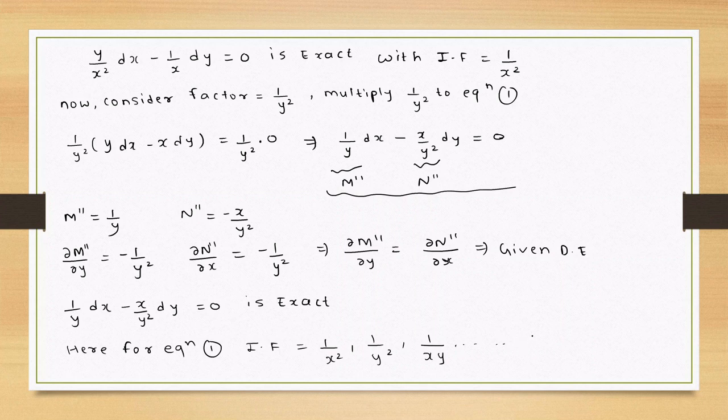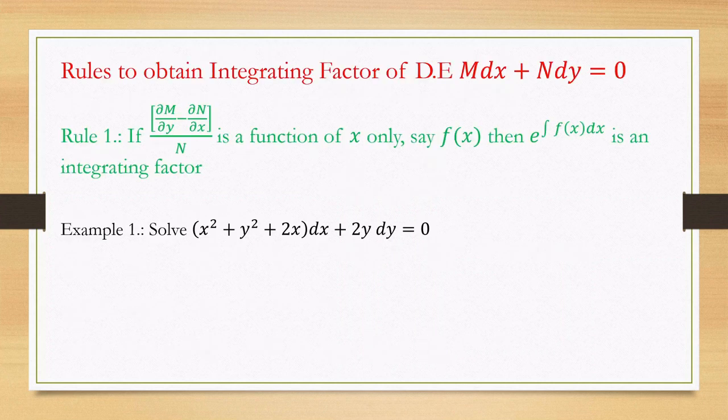So I hope you understood what the integrating factor is. An integrating factor is a factor which, when we multiply the given differential equation, converts it into an exact differential equation. After it is converted into the exact one, we can find the solution. Now the rules to obtain the integrating factor for the differential equation M dx plus N dy is equal to 0: there are a total of 4 rules.